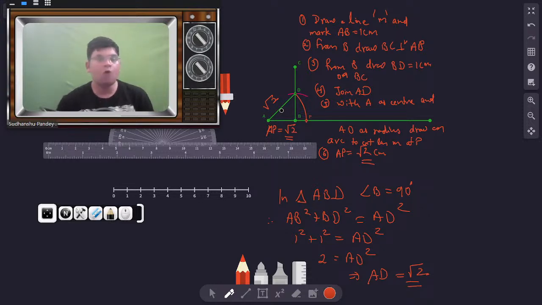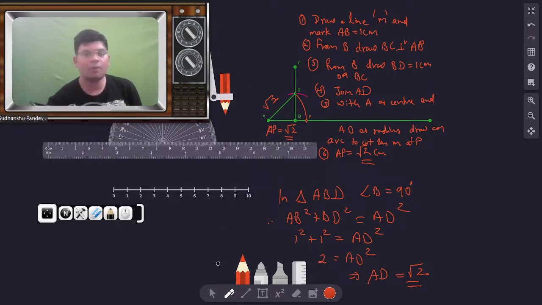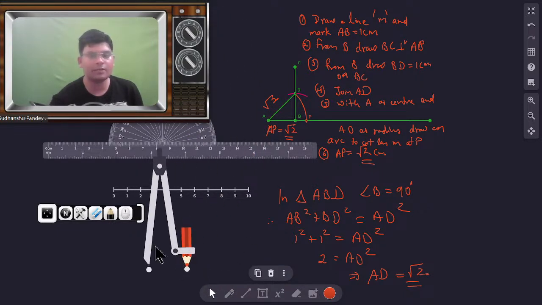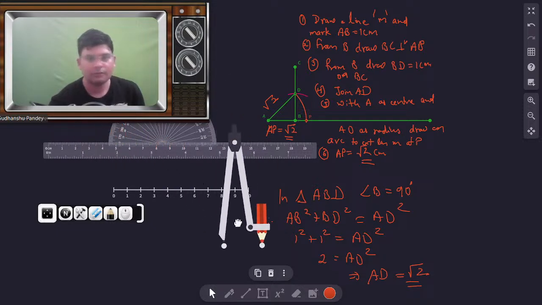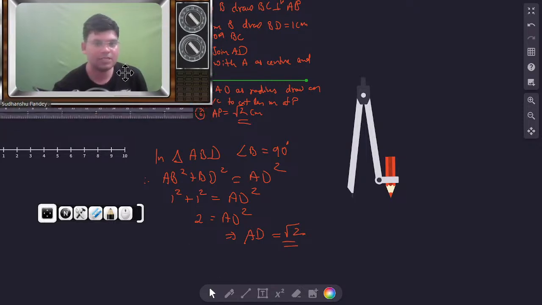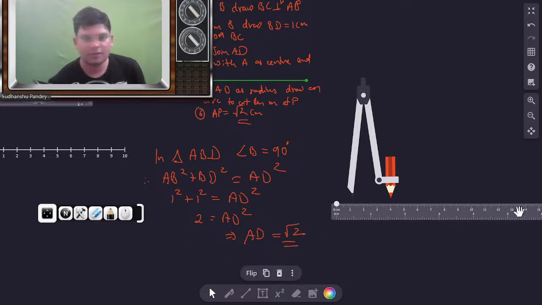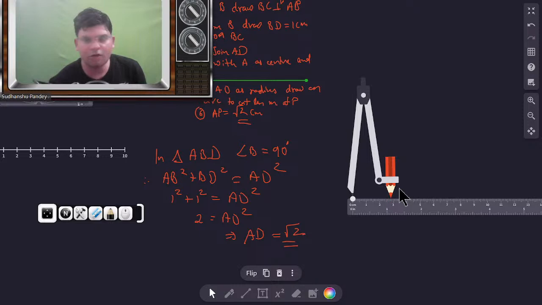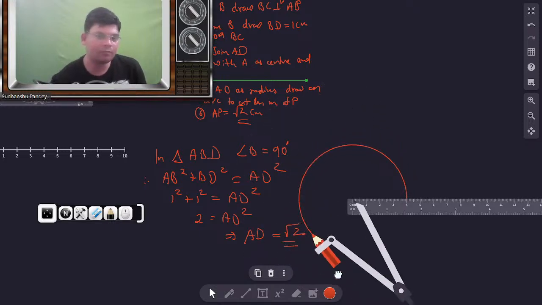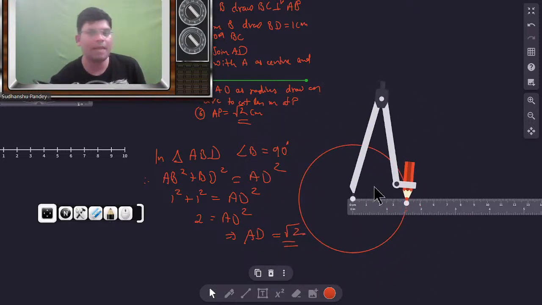Now when we draw a circle, what is the property of the circle? Understand this, I am making all of you understand. Suppose this is a circle of radius 4 centimeter. If I rotate it, what will happen?